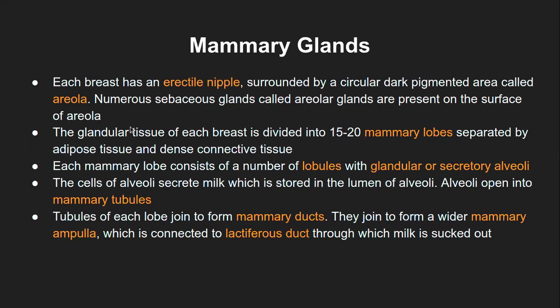The glandular tissue, glandular meaning gland-like tissue which secretes milk later, of each breast is divided into 15 to 20 mammary lobes. Lobes are compartments, so there are 15 to 20 such compartments within each breast, separated by adipose tissue, where fat can also accumulate, and also dense connective tissue, because these tubes are internally connected next to the nipples.